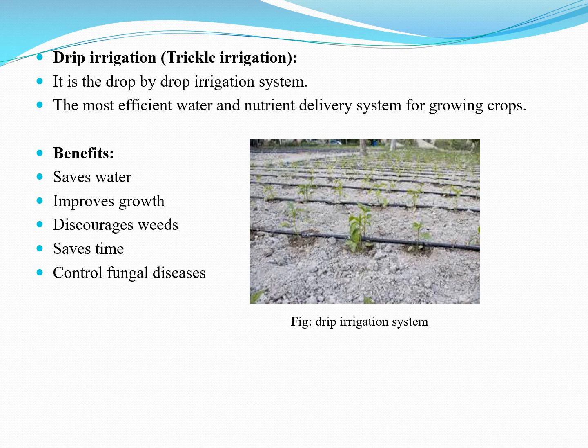Okay, so next is drip irrigation. Drip irrigation is also called trickle irrigation. It is a drop by drop irrigation system, and in this system it is the most efficient water and nutrient delivery system for growing crops.